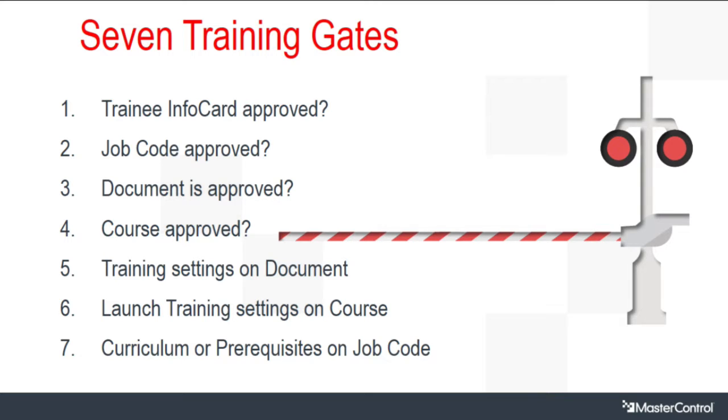So if you're using the SCORM compliant files, any of those same settings now appear on the course. That's new as of 11.5, I think. Are there any curriculum or prerequisites on the job code? These are all the different ways that you can stop training.